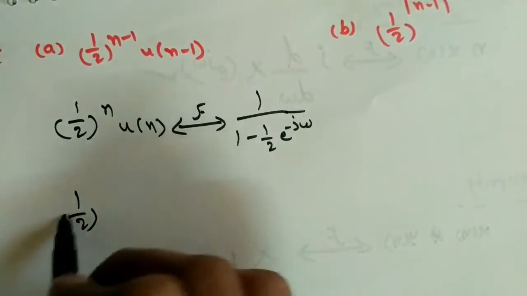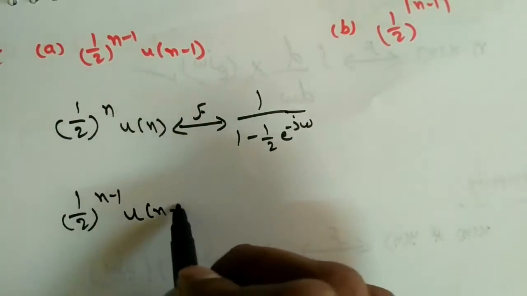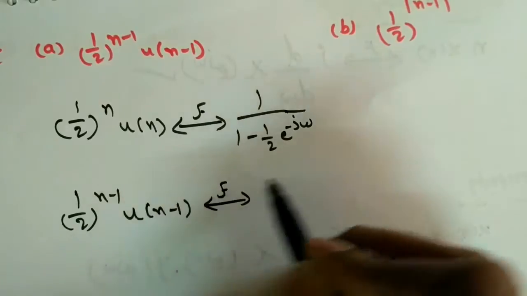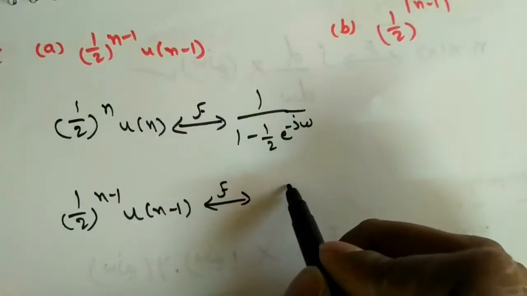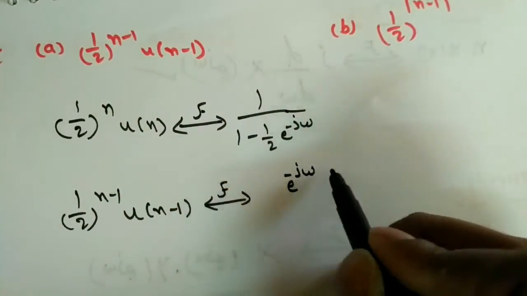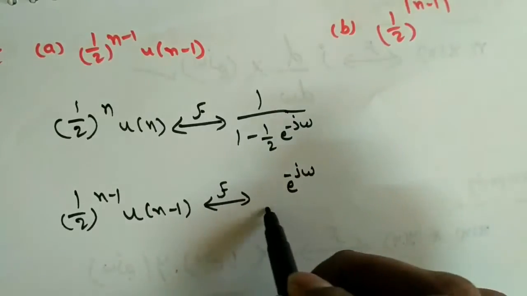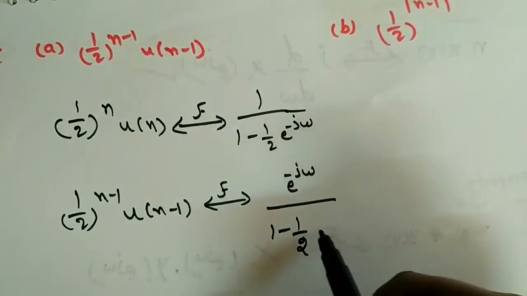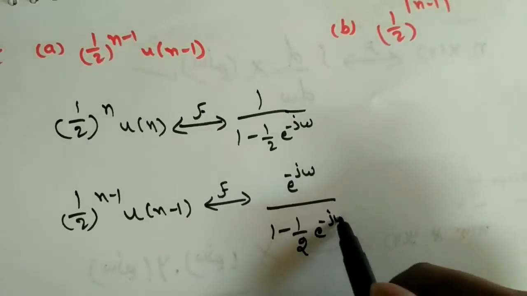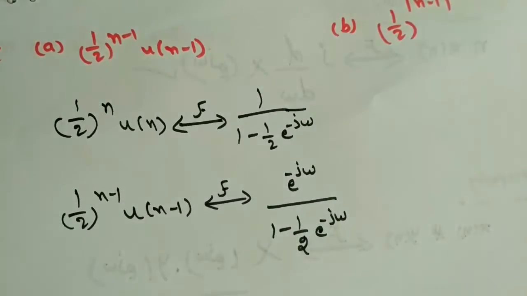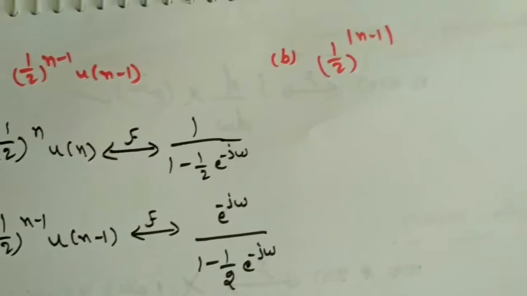Now if I shift this, that is n minus 1 u of n minus 1, what will be the Fourier transform? N minus n naught means e power minus j omega n naught. N naught is 1. So e power minus j omega by 1 minus 1 by 2 into e power minus j omega. As simple as that.